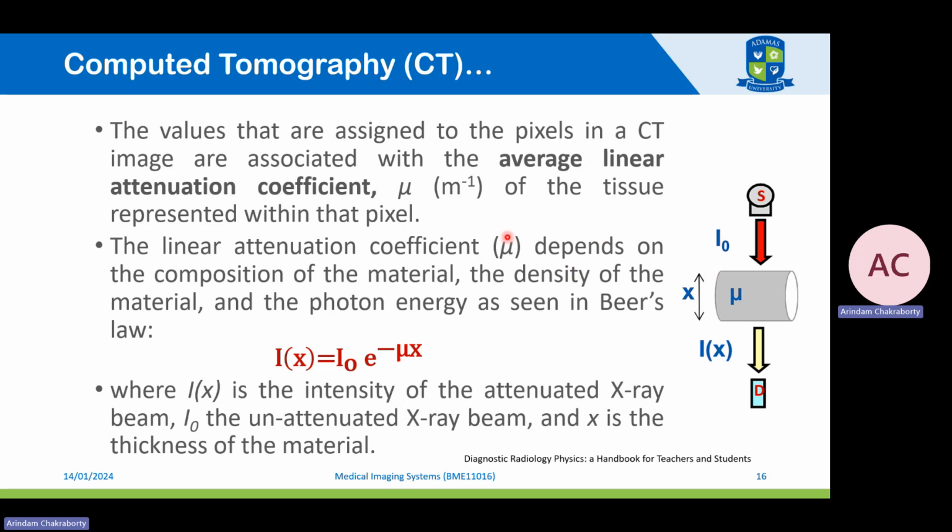What it basically states is that if there is an X-ray beam having a certain intensity I naught, and it passes through an object of thickness x having a linear attenuation coefficient of mu, and the final intensity of the X-ray that reaches the detector is I of x, then we can calculate I using this empirical formula, through which we can actually calculate the linear attenuation coefficient, which is the important aspect for generating the X-ray cross-sectional images.